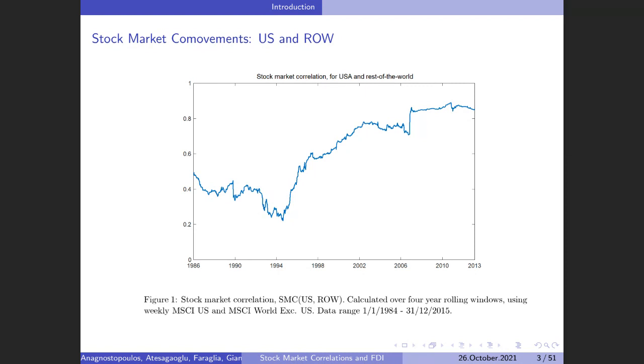So this is an important issue. Why is that the case? Because one of the biggest motivations for investing in stock markets in different places in the world is diversification. When you invest in a stock market, there's risk. It's a risky investment. To be able to diversify your risk, you should invest in different types of assets. The usual quote is, don't put all your eggs in the same basket.